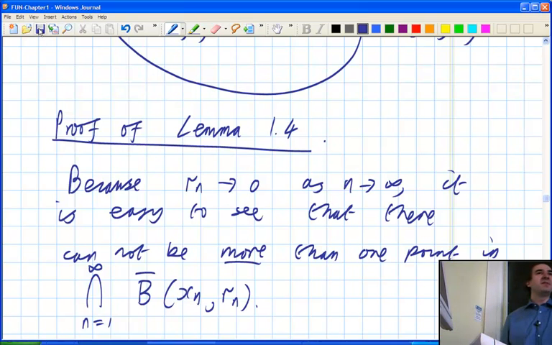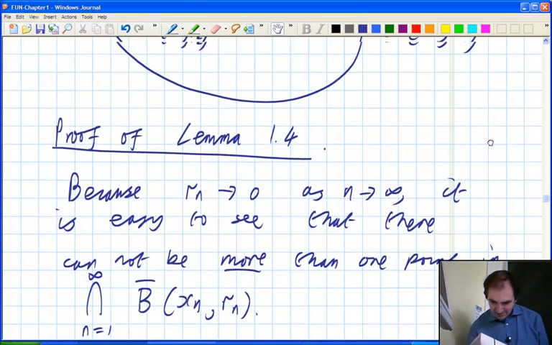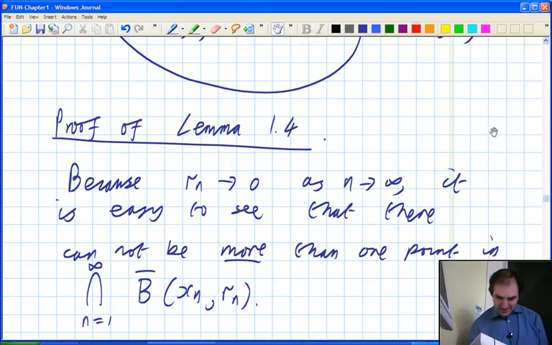If I leave out any bars over the top, that's a mistake. They should all have bars over the top, because this is a result about closed balls. I'll just see whether I've got the bars in these ones. Yes, I have. Good.